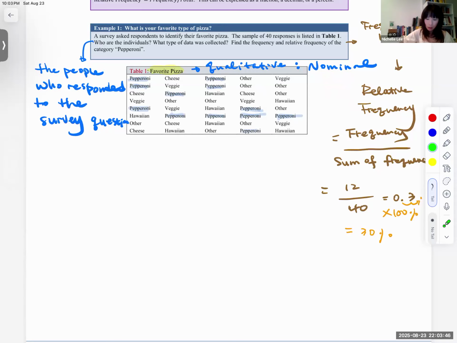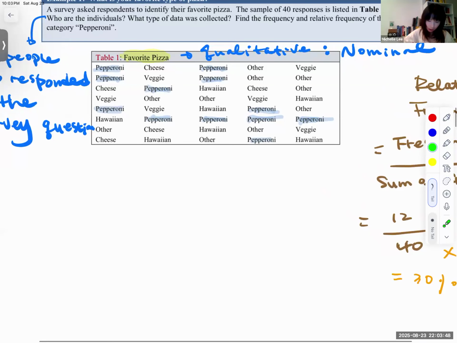So frequency, yeah. So we have cheese. We did the pepperoni earlier, right? So veggie, cheese, Hawaiian, other, and that's it. Yeah, looks like that's it, right? So cheese, veggie, other, Hawaiian.